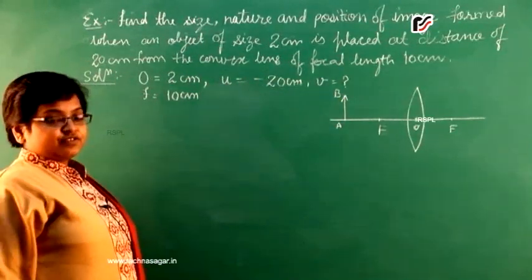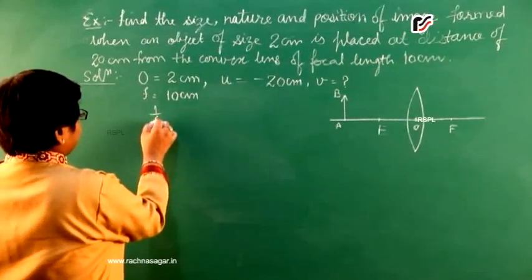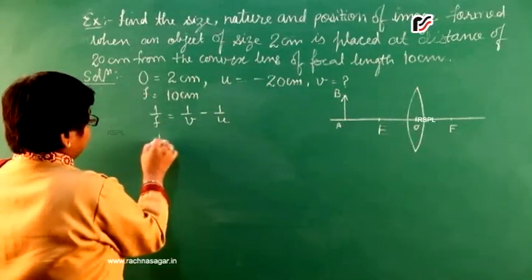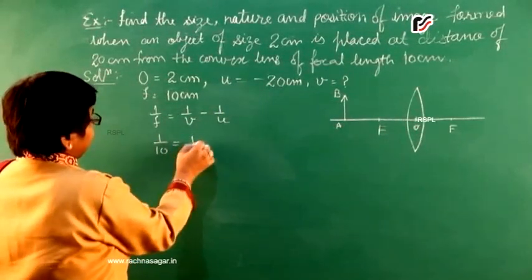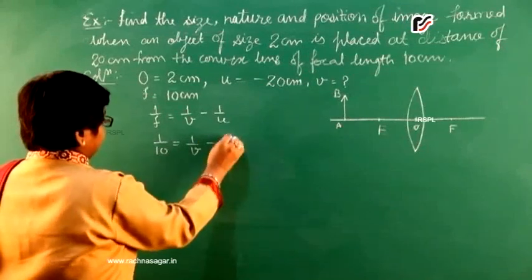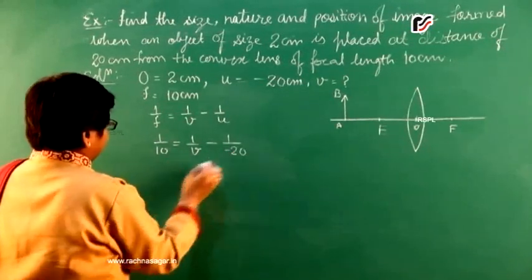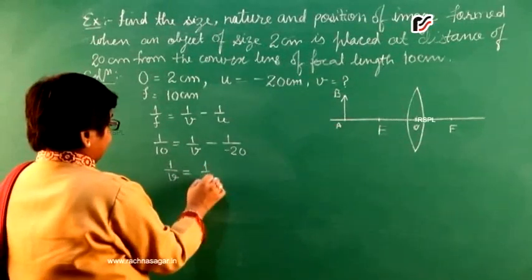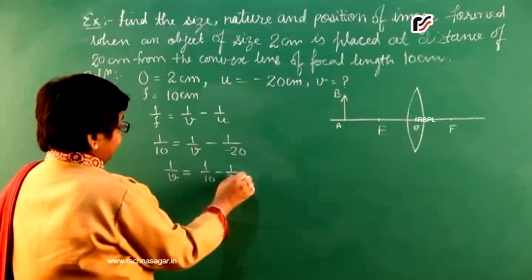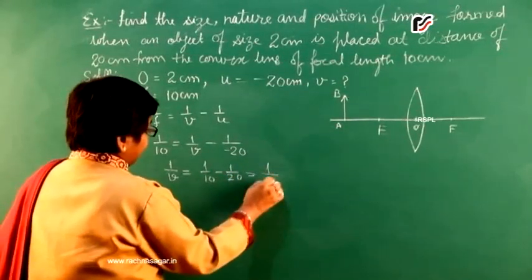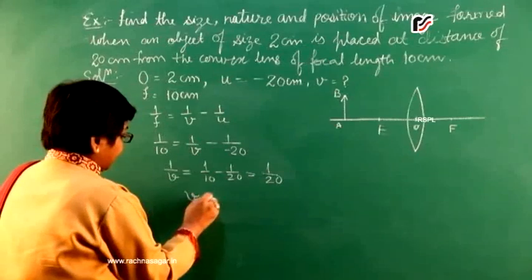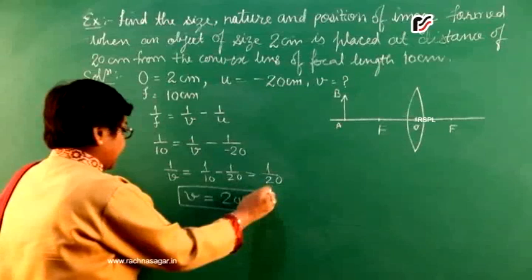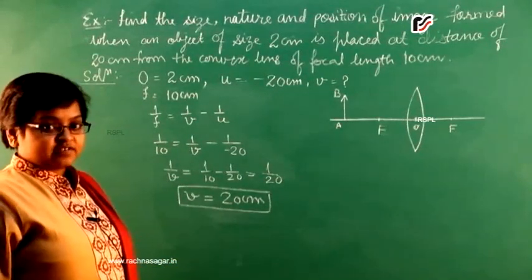First we use lens formula. The position of image is 20 cm.